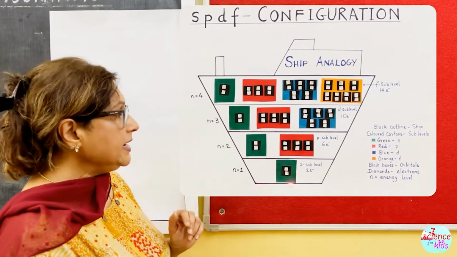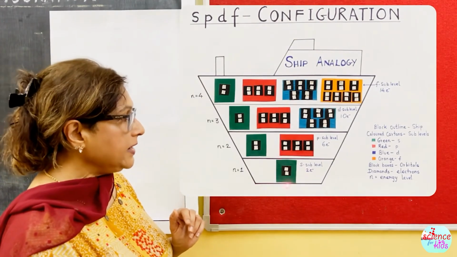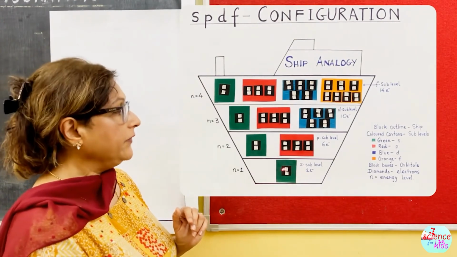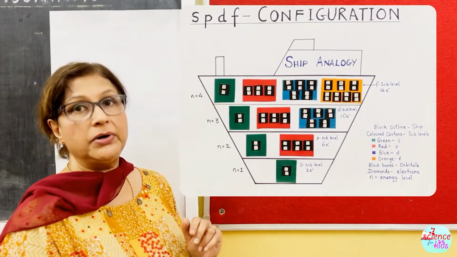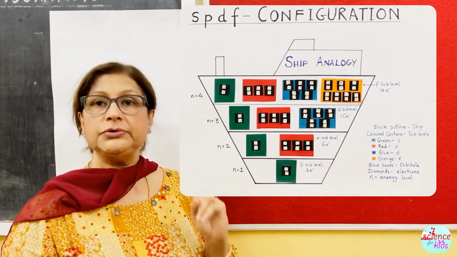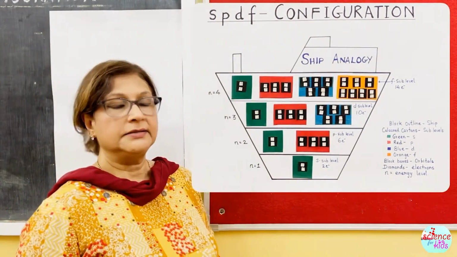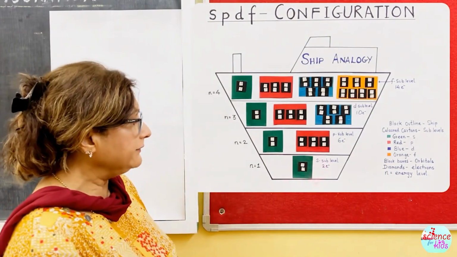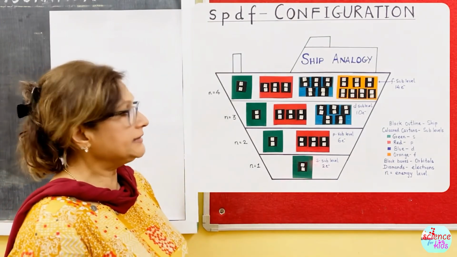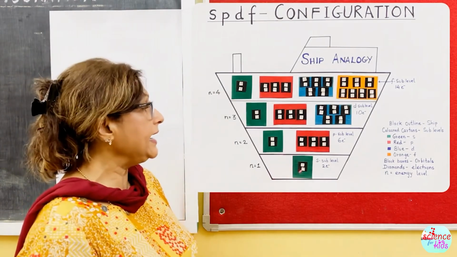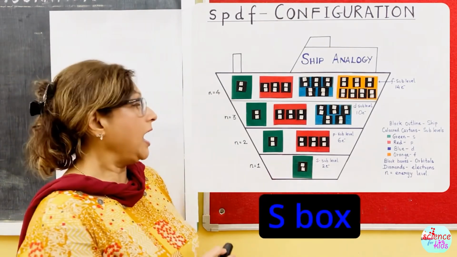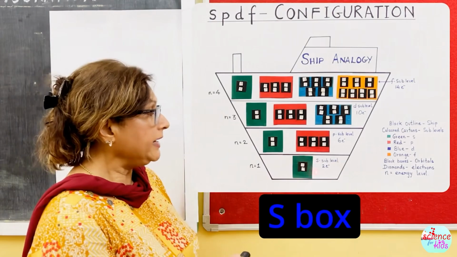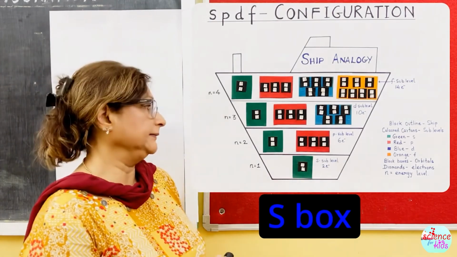So level 1, Deck 1 has one big green box with one little black box which can hold a maximum of 2 diamonds. The green box in Deck 1 has a special name, and that name is S. So I am going to call this green box box S.